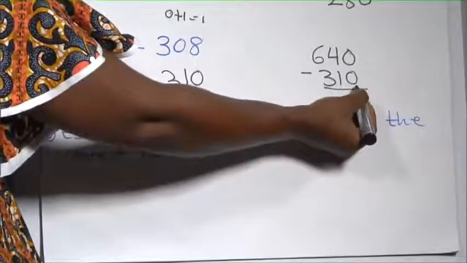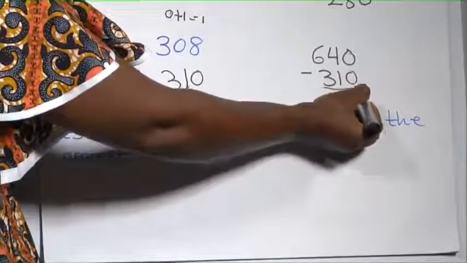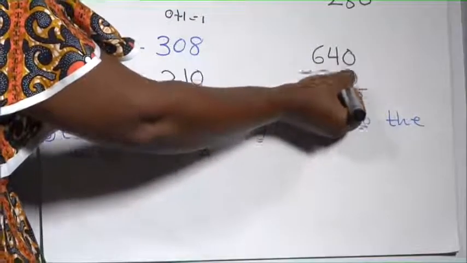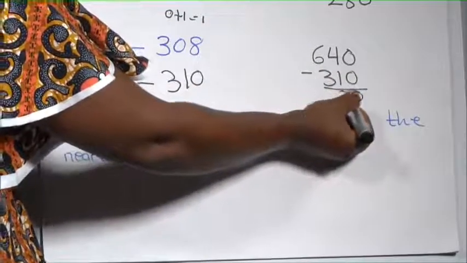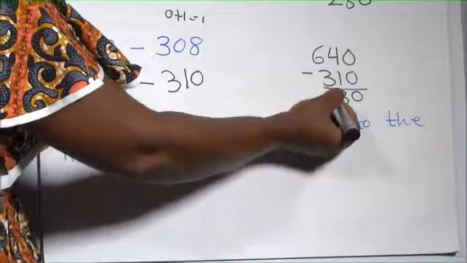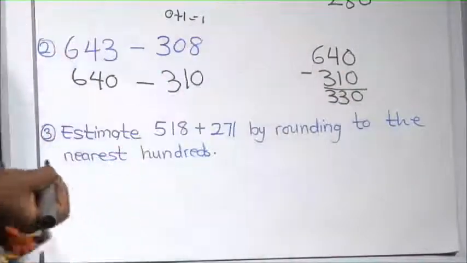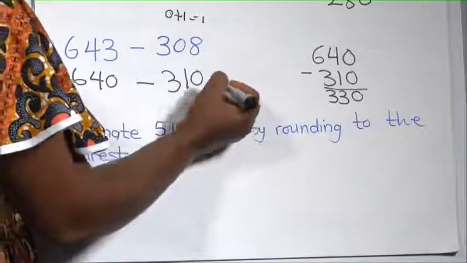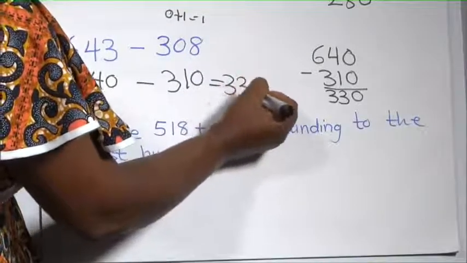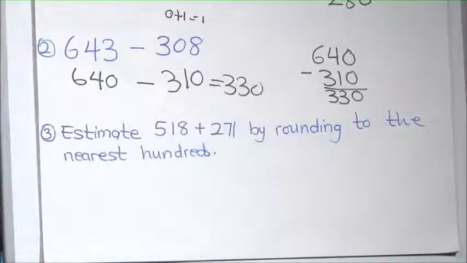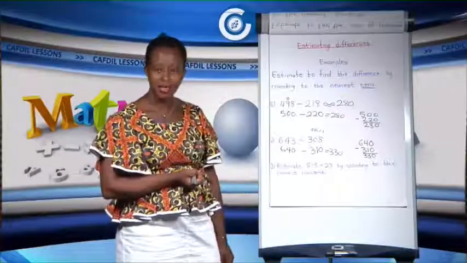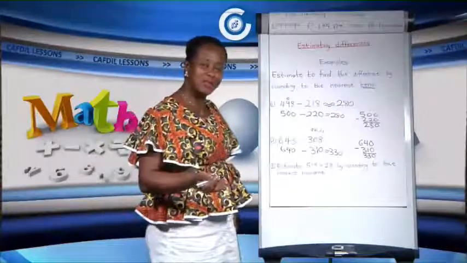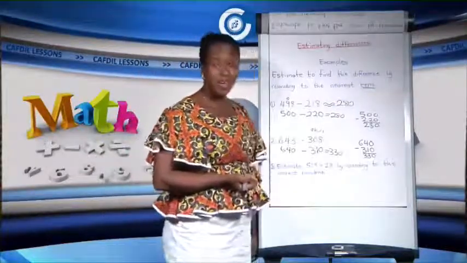We will start from the right. 0 minus 0 will give us 0. 4 minus 1 will give us 3. 6 minus 3 will also give us 3. So what is the difference? The difference is 330. We have estimated it. So 643 minus 308 is approximately equal to 330.